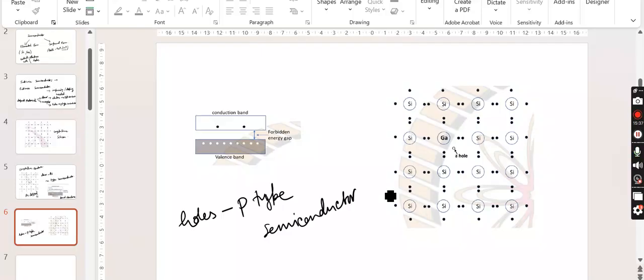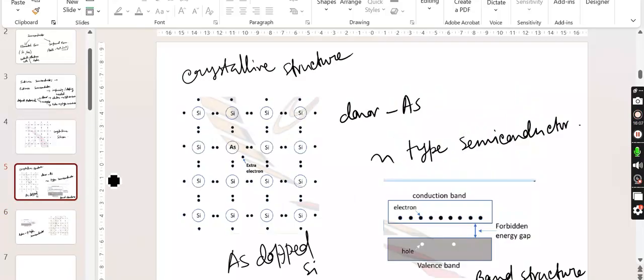And this is the band structure of a p-type semiconductor. It clearly shows that the valence band has a large number of holes, and the conduction band has a few electrons, due to the thermal energy present at room temperature, or thermal excitation. The reason is the same as why, even though the majority carrier is electrons in an n-type semiconductor, there are some holes in the valence band.